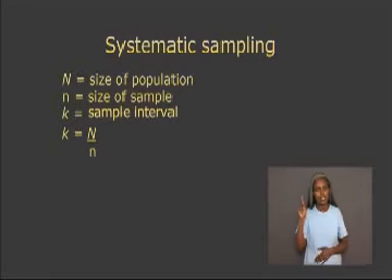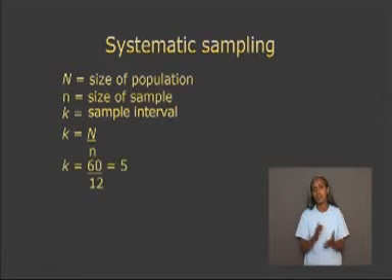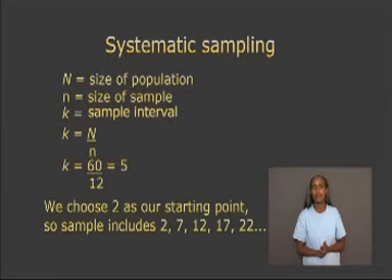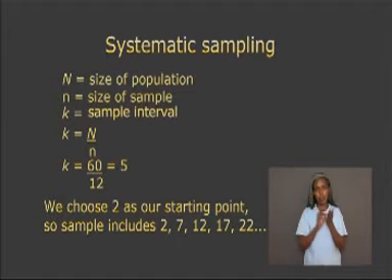This sounds confusing, but it is really quite simple. If our population is 60 and our sample is 12, then our sampling interval, K, is 5. A random number between 1 and 5 might be 2.